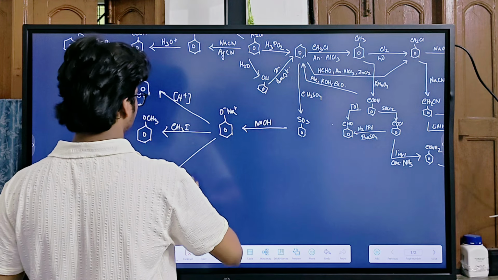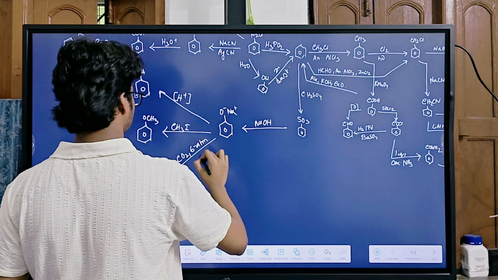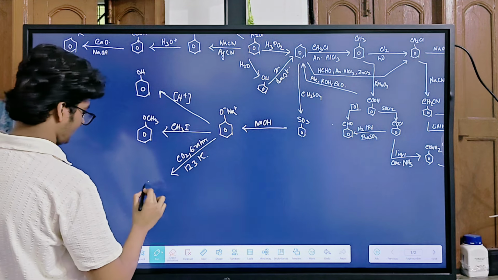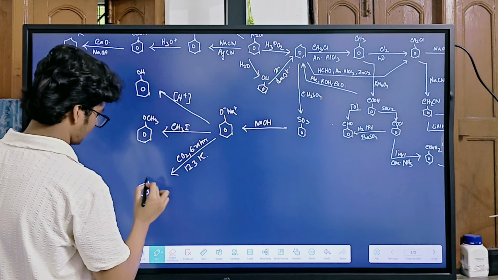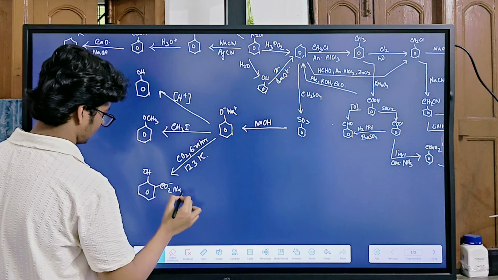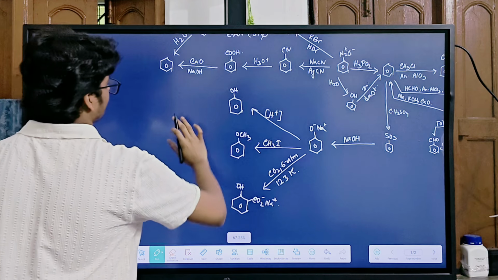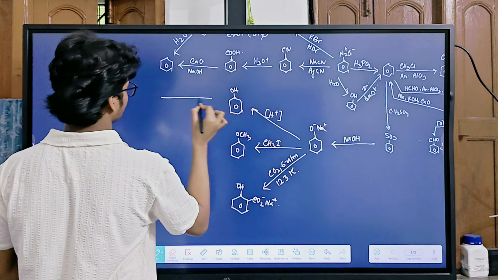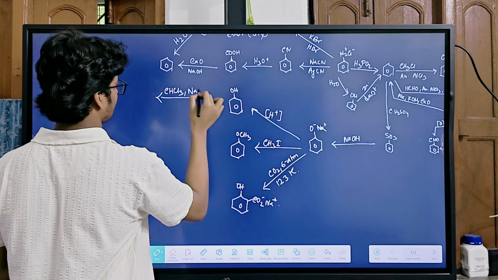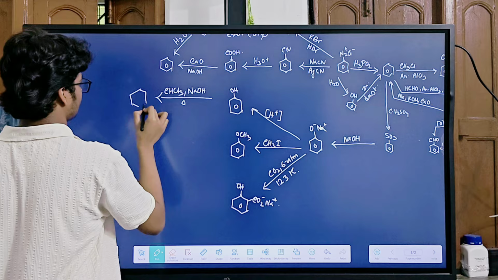This one with CO2, 6 atm pressure and 123 Kelvin temperature, will form a complex structure, CO2 minus with Na plus. Now there are three important reactions of phenol. With CHCl3 and NaOH with a little bit of heat, it will form salicylaldehyde.